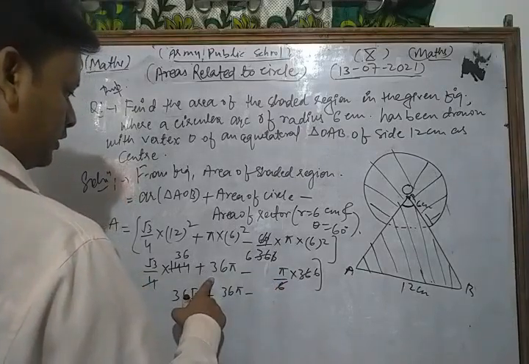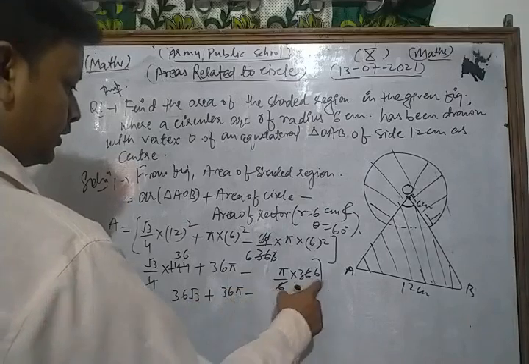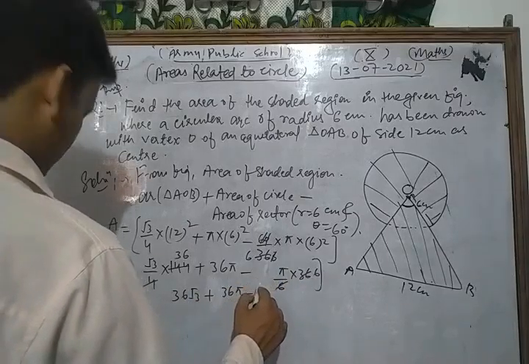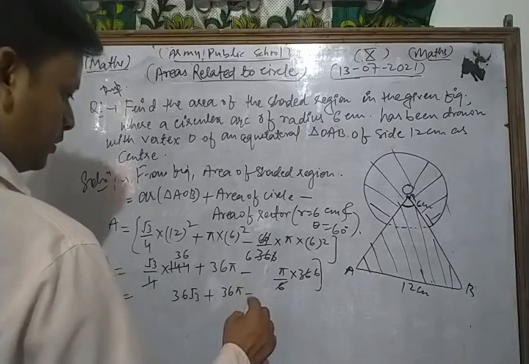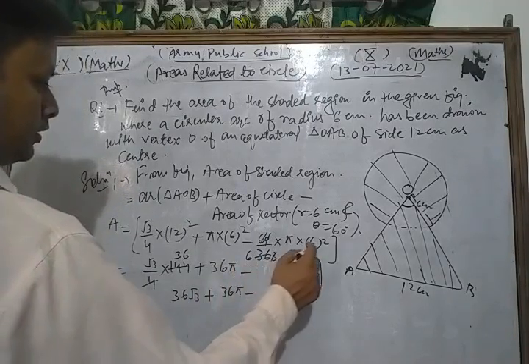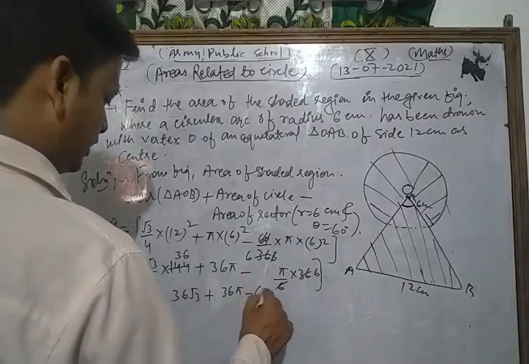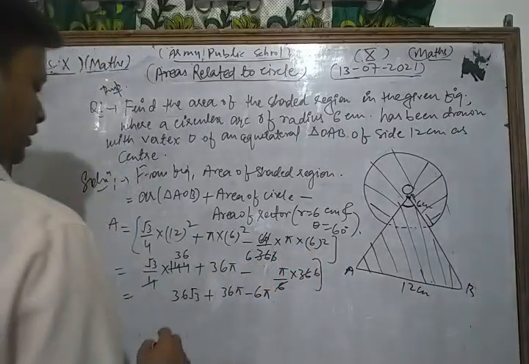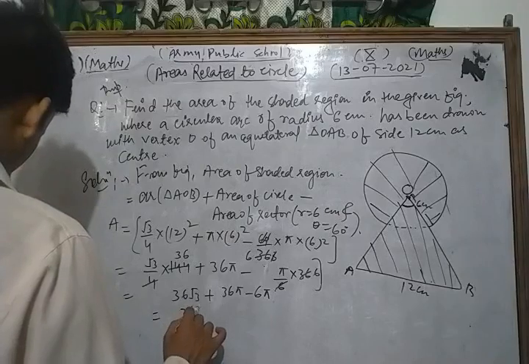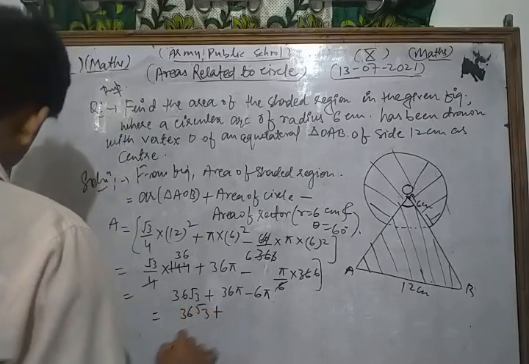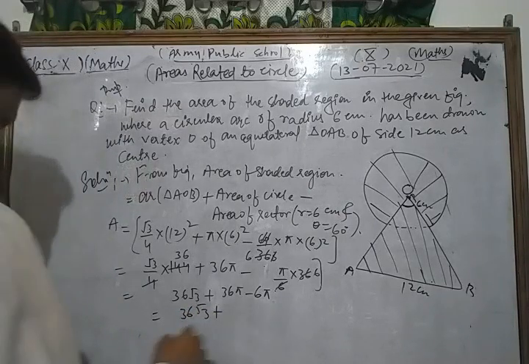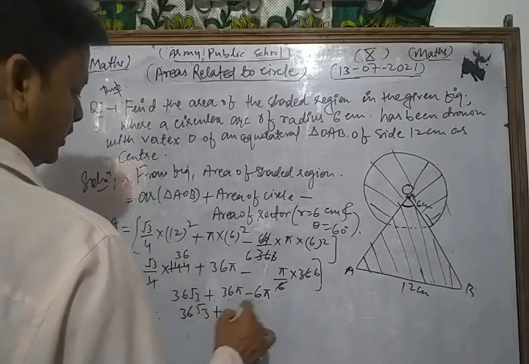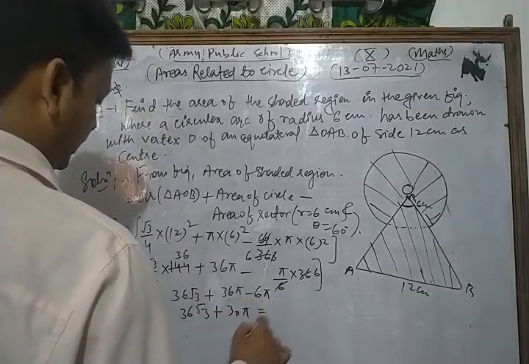This is 6 and 6 is 36, minus 6 pi. So we get 36 under root 3 plus 36 pi minus 6 pi. This is 30 pi.